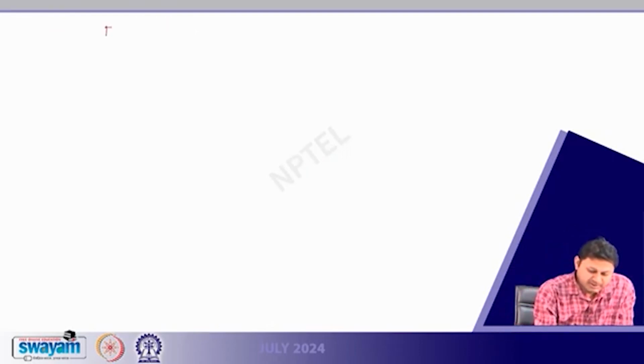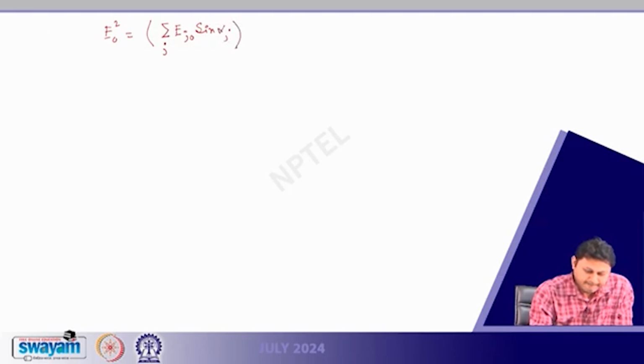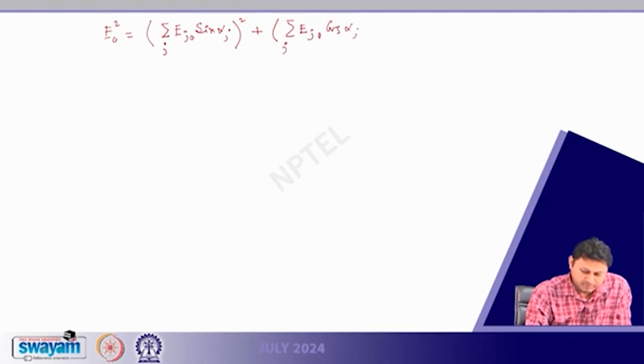In general form, one can write that E0 squared is equal to the sum over j of Ej0 sine of alpha j, squared, plus the sum over j of Ej0 cos of alpha j, squared.